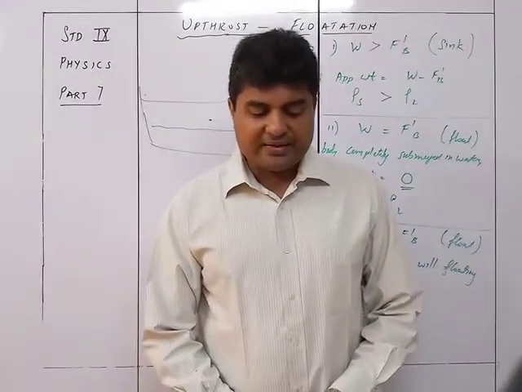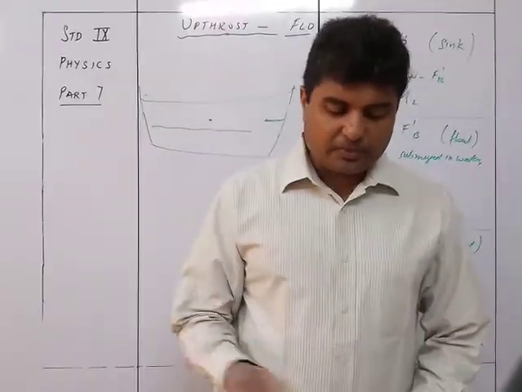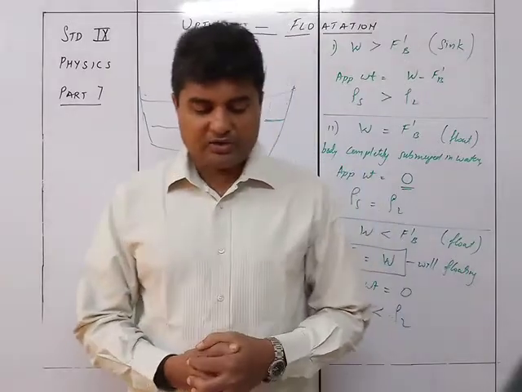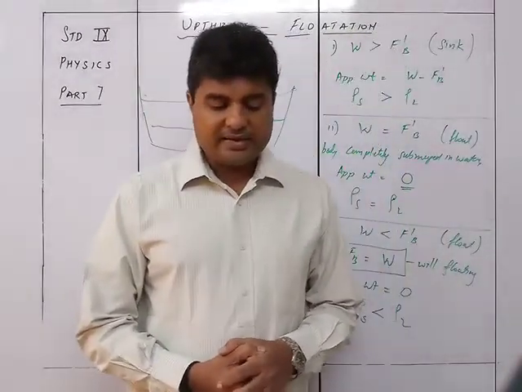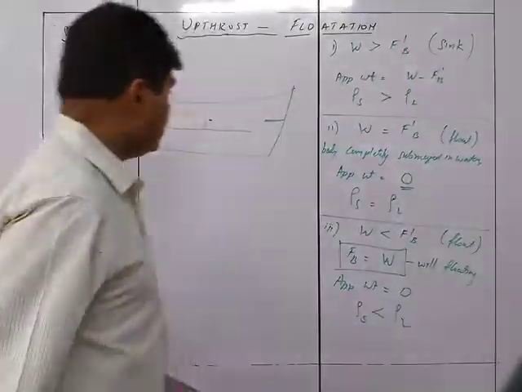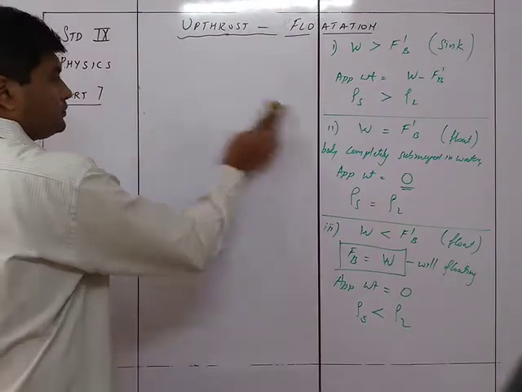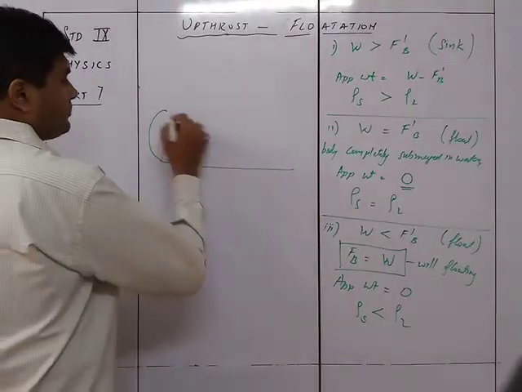This makes the average density of the submarine less than that of the seawater. As a result, the weight of the water displaced by its small submerged part becomes equal to the weight of the submarine, and hence it rises up to the surface of water. So we see over here how a submarine works. See, a submarine which is like this.